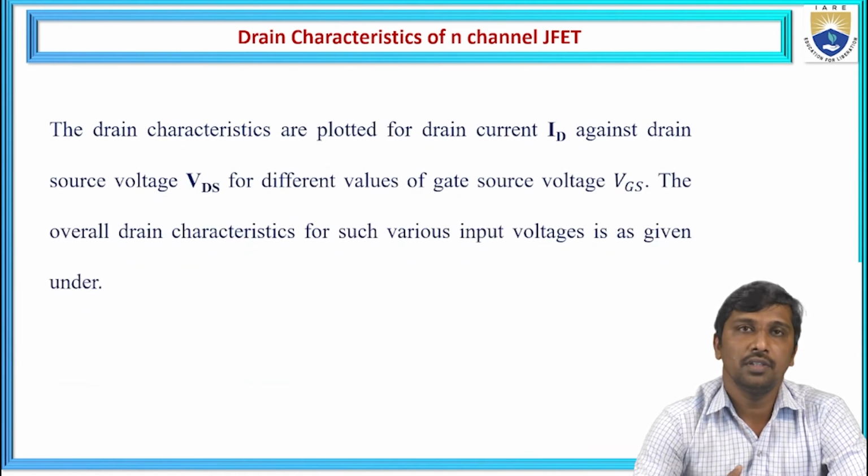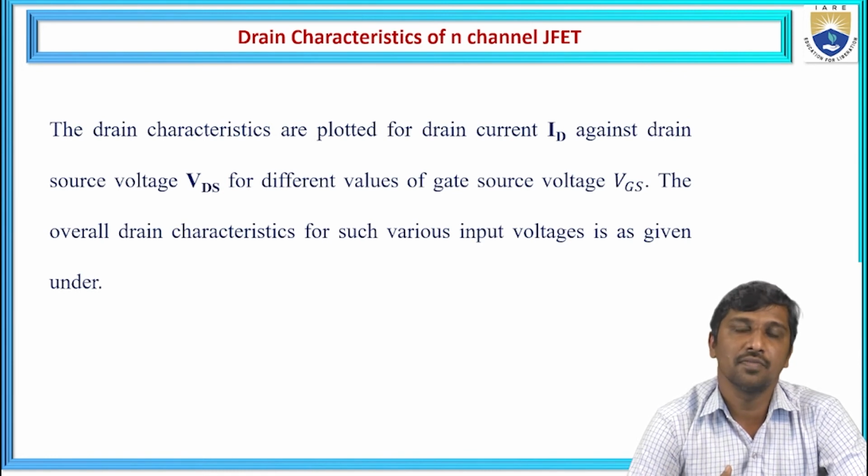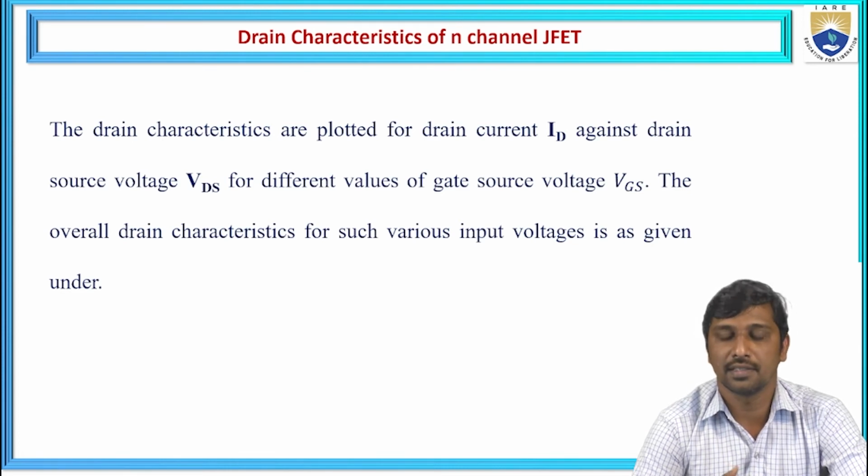To plot the drain characteristics, we plot the drain to source voltage against the drain current, keeping the gate to source voltage constant at variable values. We will see what happens when the gate voltage changes with respect to the biasing voltage.